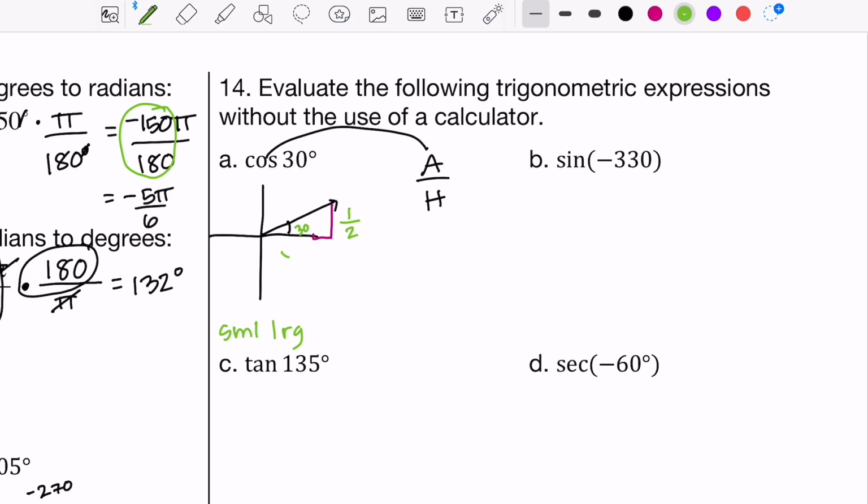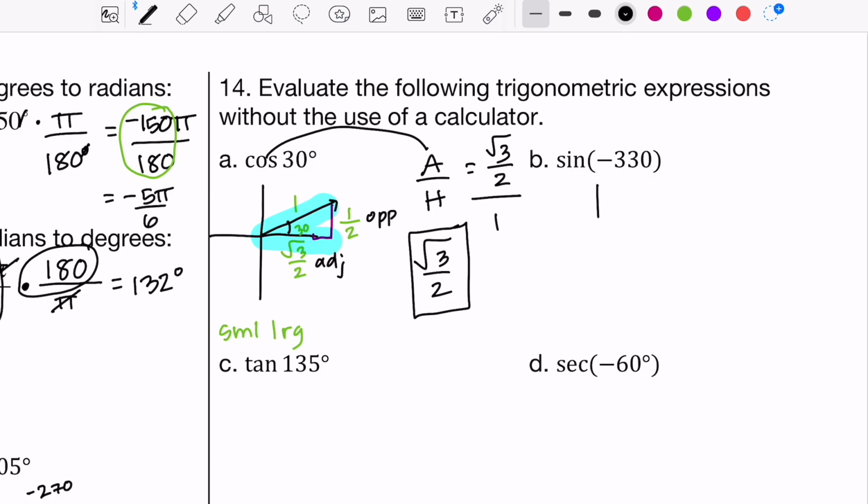So 1/2, √3/2, 1. And then adjacent, opposite, and then hypotenuse. The adjacent one is always on the x-axis. You can also see it because if we highlight the angle of reference, you can see it's adjacent. So it's going to be adjacent over the hypotenuse, so that's just √3/2.